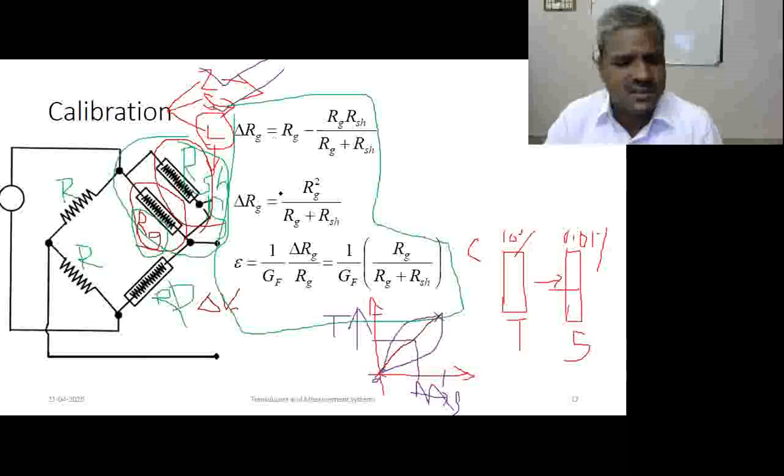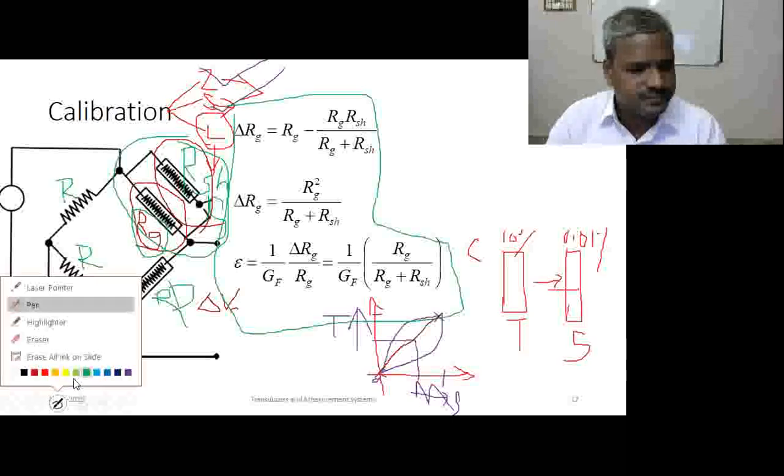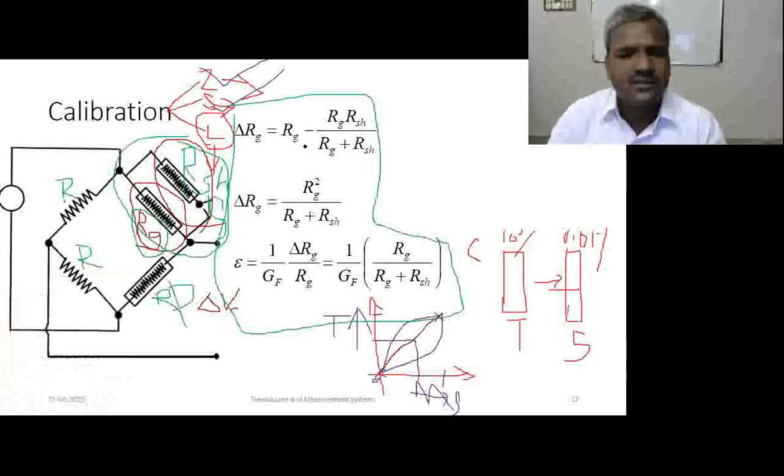So the change in resistance is the normal resistance value of the strain gauge minus the parallel combination Rg into RSH divided by Rg plus RSH.